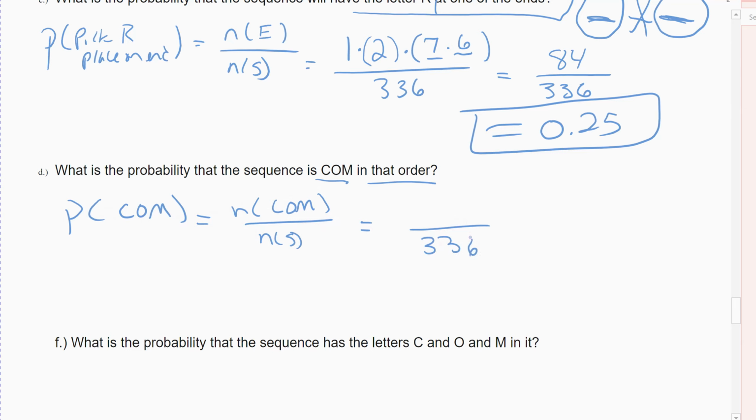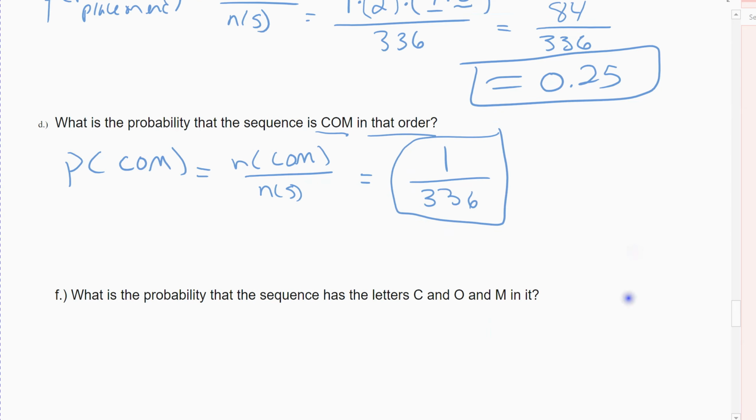Again, that won't change until we get to a different problem. Well, that's a specific sequence. There's only one sequence with COM in that order, C in the first spot, O in the second, and M in the third. And so that's one of my 336 outcomes. So 1 out of 336.